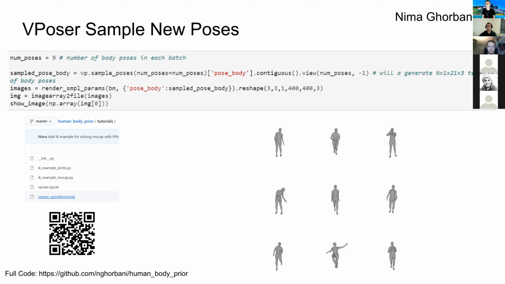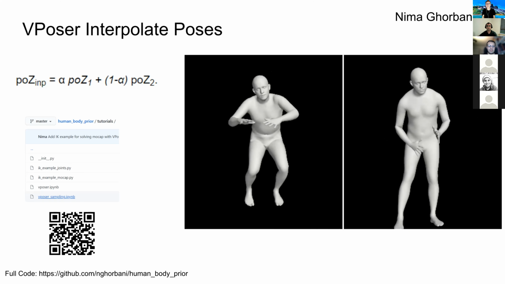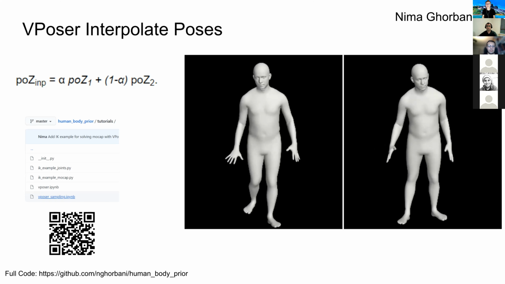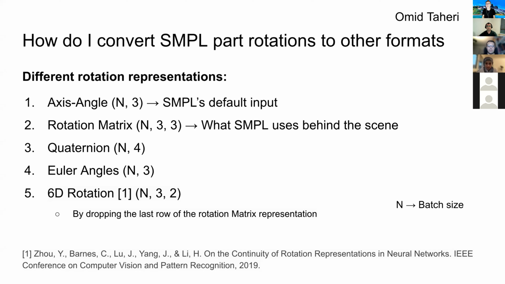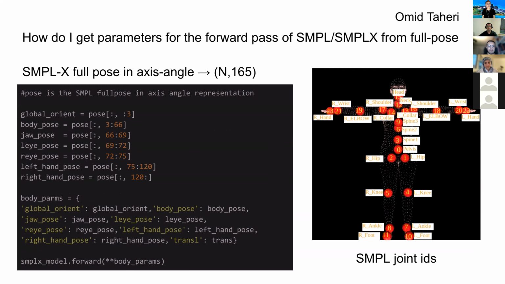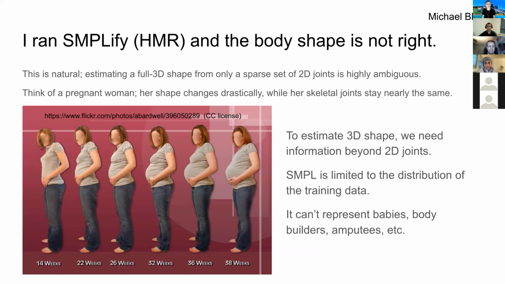So all these slides will be online. So we've got VPoser, very nice. You can sample from it. You can interpolate poses in the latent space. We're going to talk about how you deal with different part rotation formats. I apologize. Interpenetration. There's a lot more to talk about.